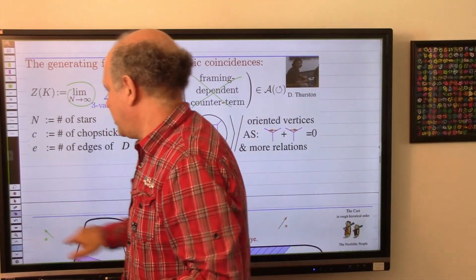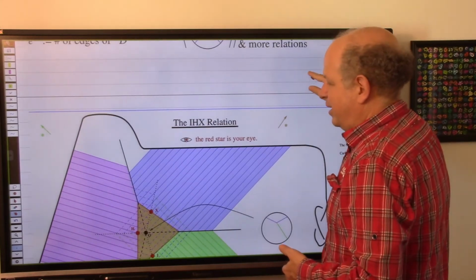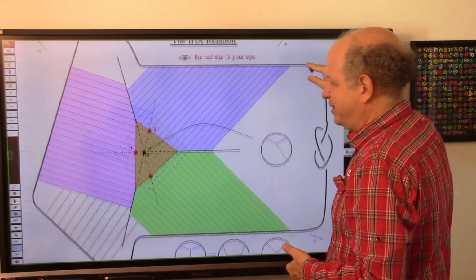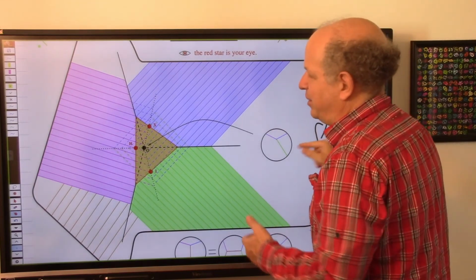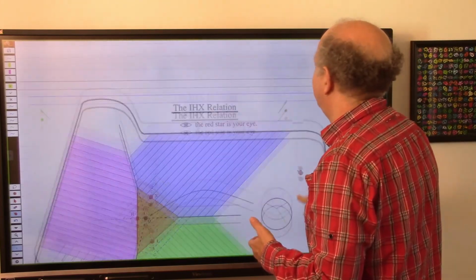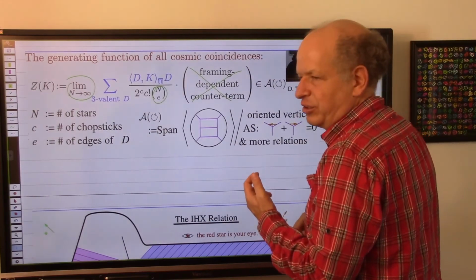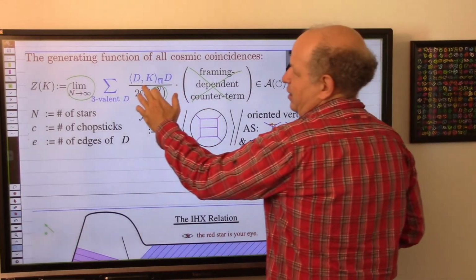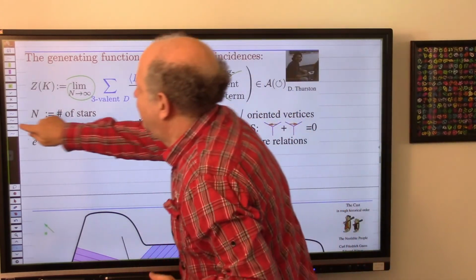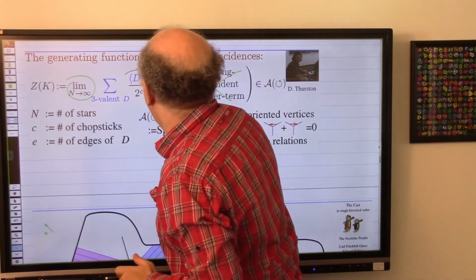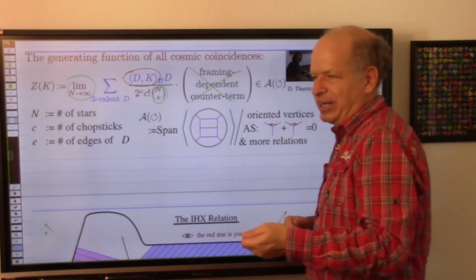And this will have to wait until next time, but I'll have to explain to you next time why the IHX relation is necessary. So I'm actually not going to assert that this Stonehenge pairing in itself produces a numerical invariant.